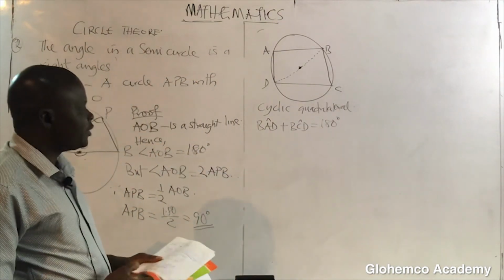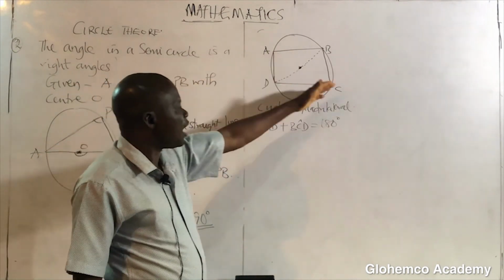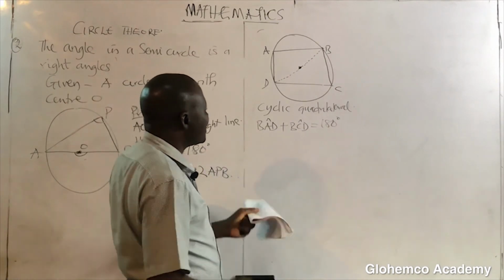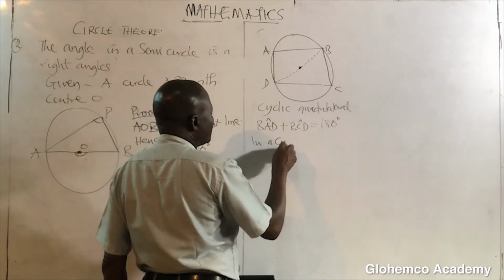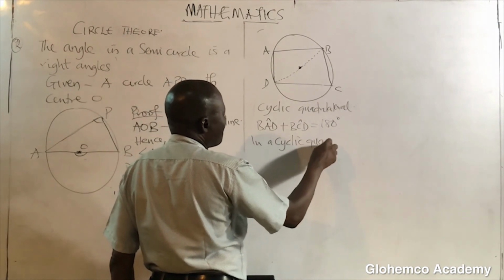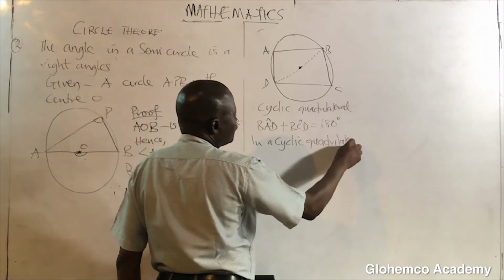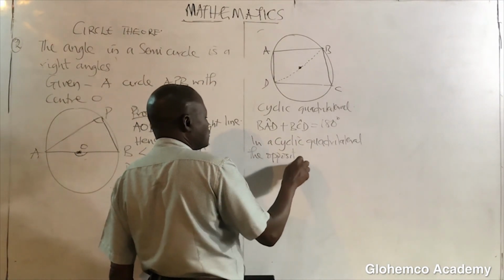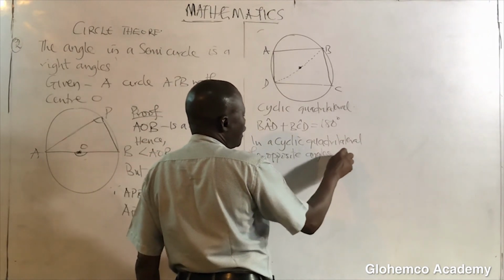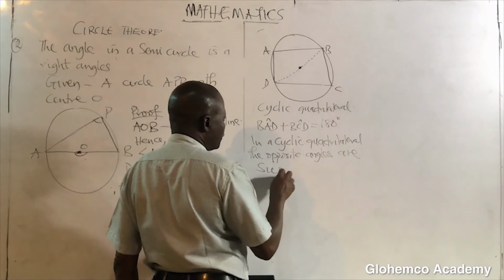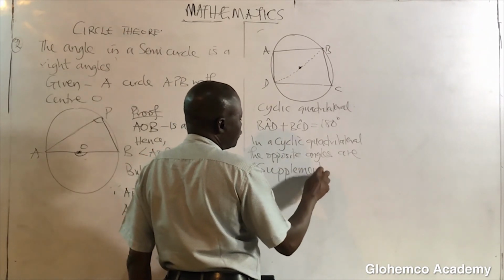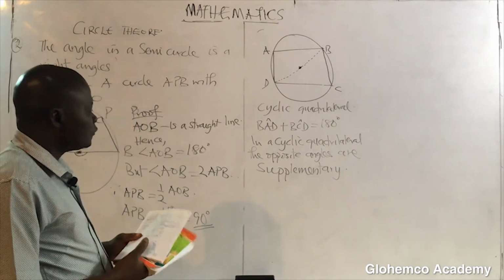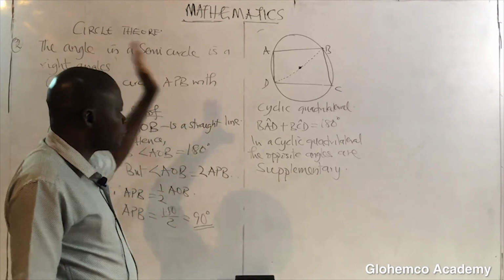It's not that they are equal to each other. In a cyclic quadrilateral, the opposite angles are supplementary.